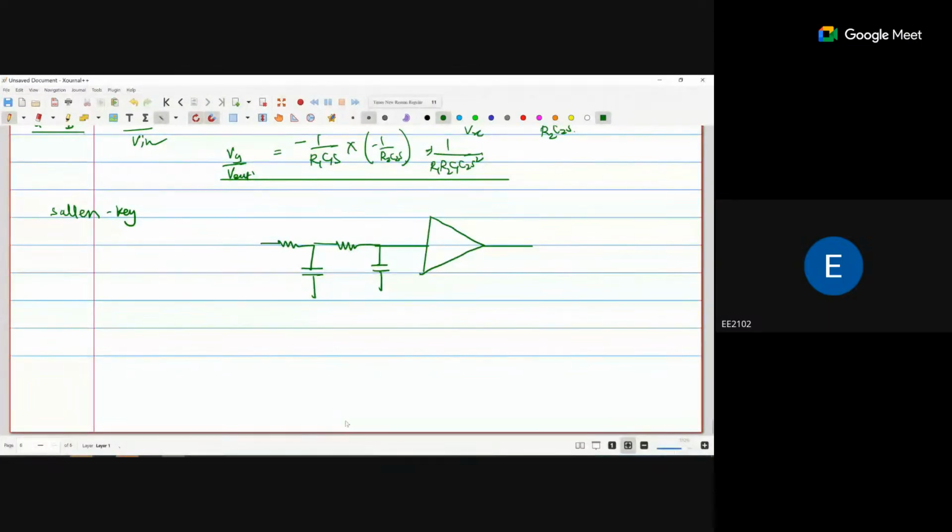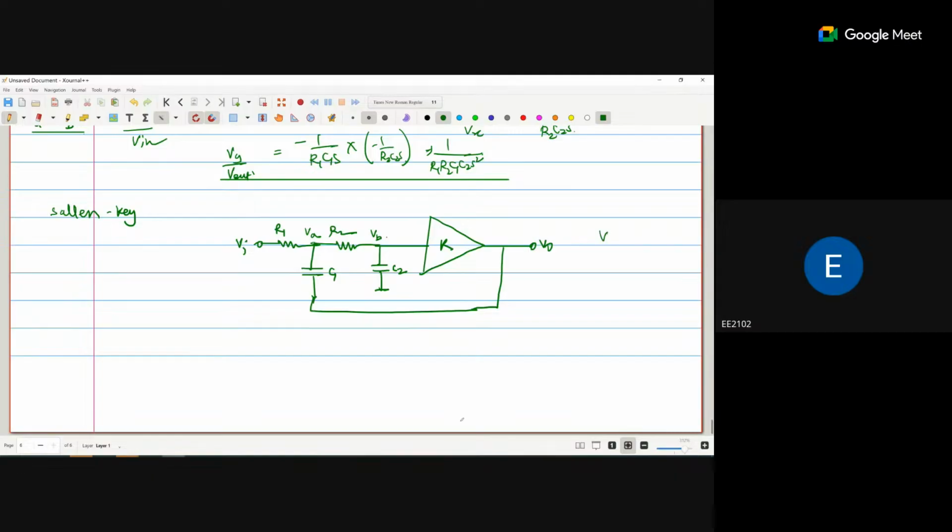R1, R2, C1, C2. Yeah, this one. I assume this is the VA, this is the VB.